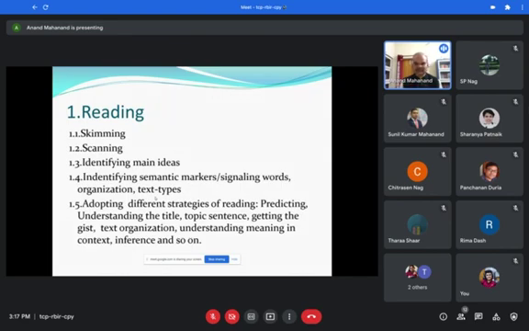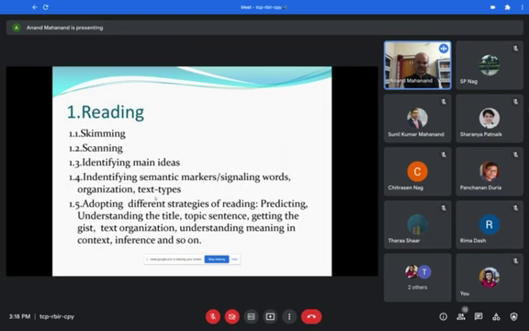Then I am asking you to predict, because when you predict, you apply your mind. Because as I told you, reading is a two-way process. And a reader is not a passive receiver or recipient, but an active participant.